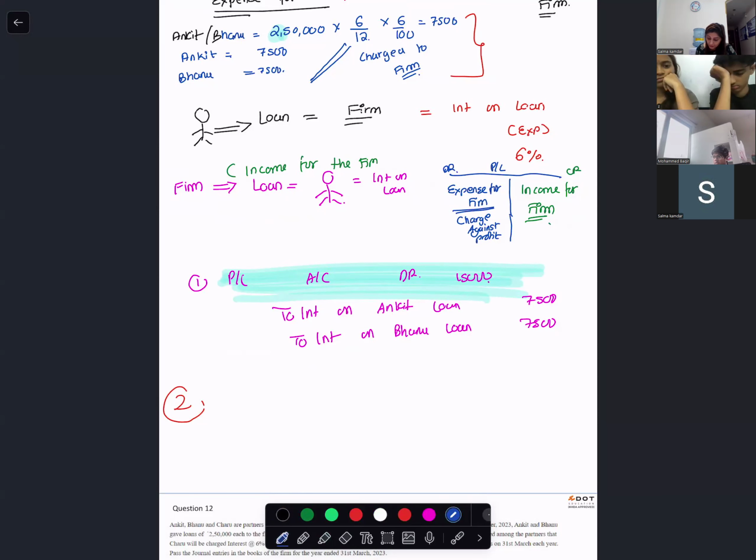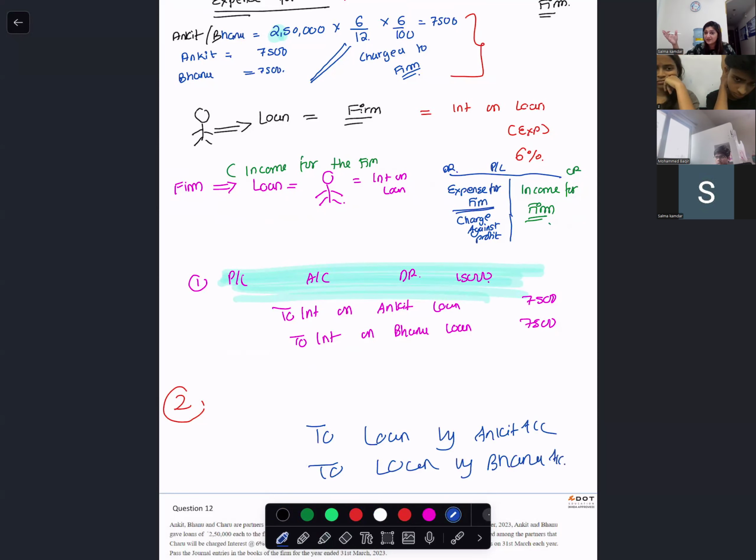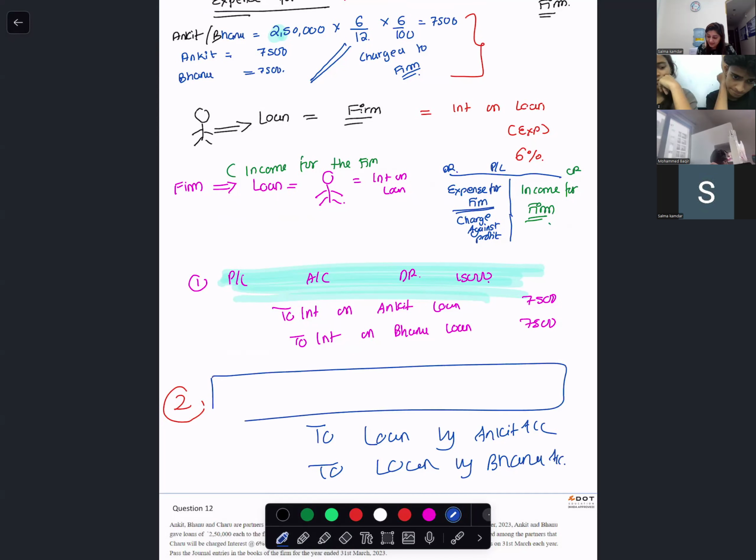To loan by Ankit account and to loan by Bhanu account, because it is going to appear on the partners capital account credit side. So what will be debited? The debit entry would be interest on loan account debit 15,000.